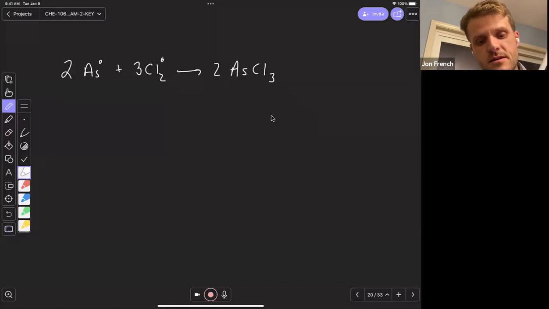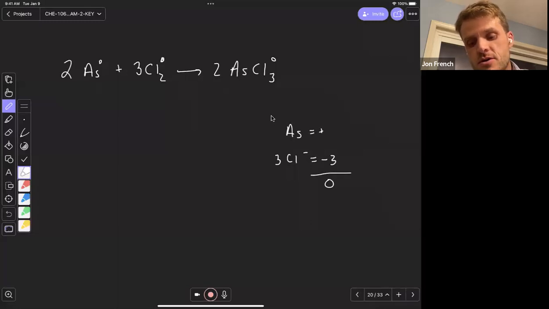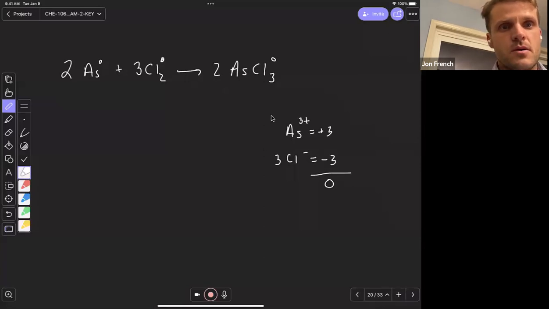Chlorine is 0 as well. In arsenic trichloride, the whole thing needs to be 0 together. If we separate this out, arsenic and 3 chlorides, chloride is always -1 each, so I'd have a -3 charge there. That means for this whole thing to have a 0 charge, arsenic needs to be 3 plus.